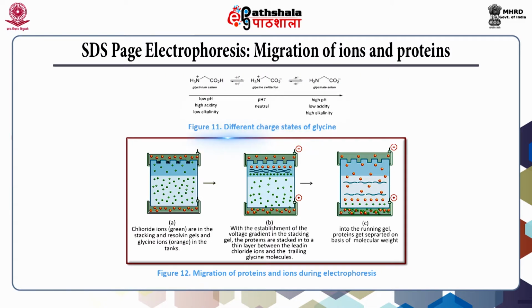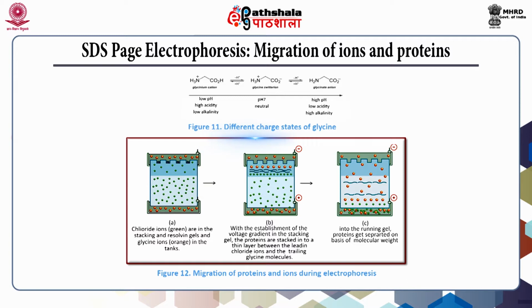At the running gel pH 8.8, the glycine molecules become negatively charged and can now migrate faster, and thus they accelerate past the protein. The protein remains stacked in a narrow band at the interface of the stacking and running gel.